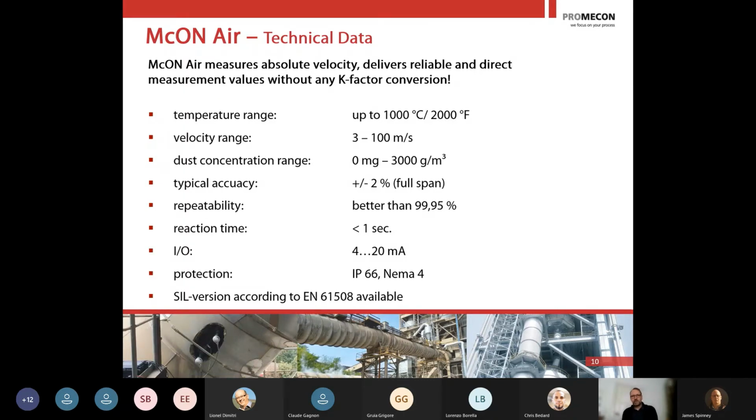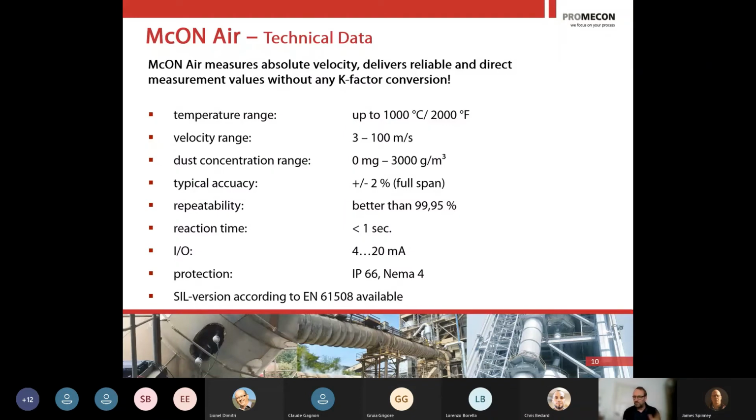So we're using the same technology to measure the coal dust in coal power plants, where they transport the coal to the burners with a pneumatic system with primary air, and there we usually find concentrations up to 500 grams per cubic meter. But we also tested it in high dense flows up to 3000 grams per cubic meter.